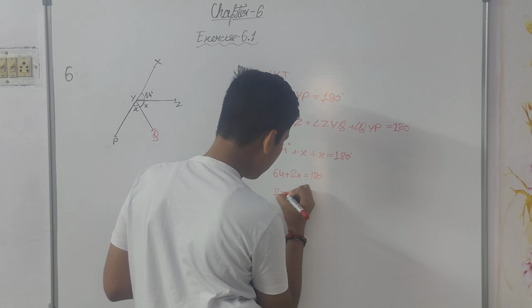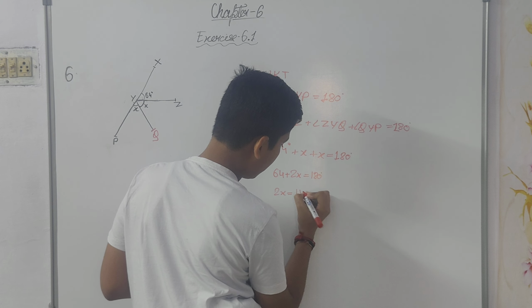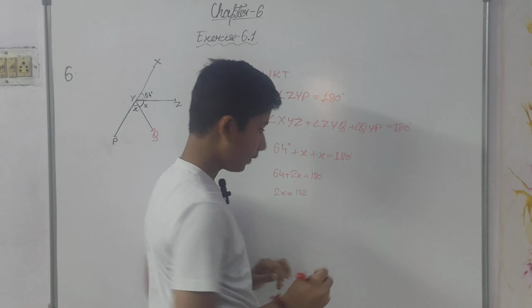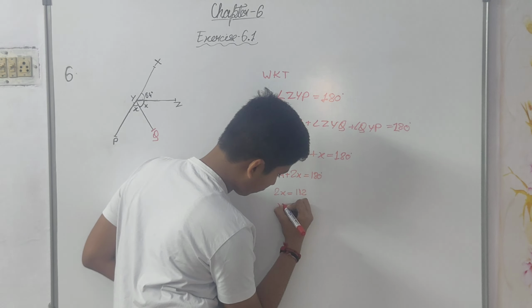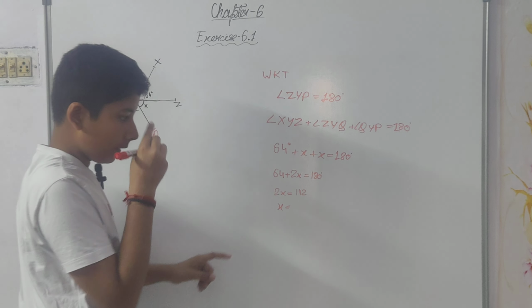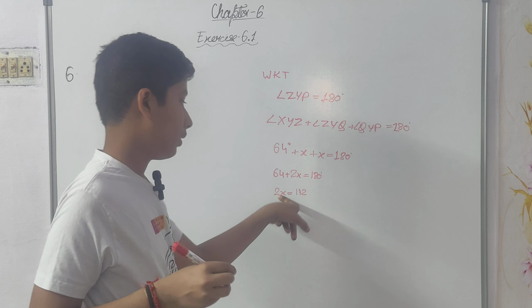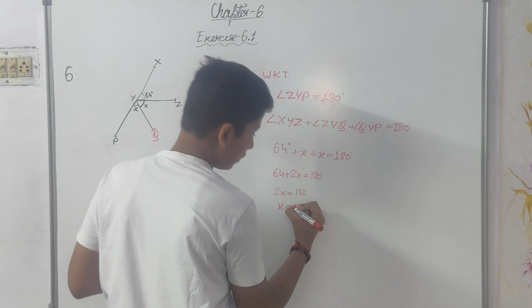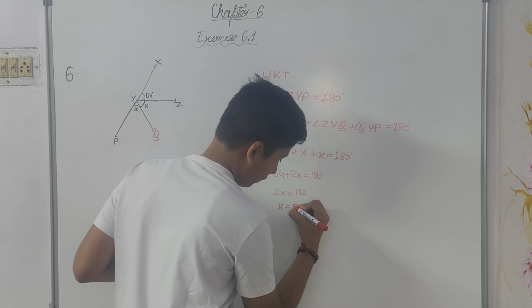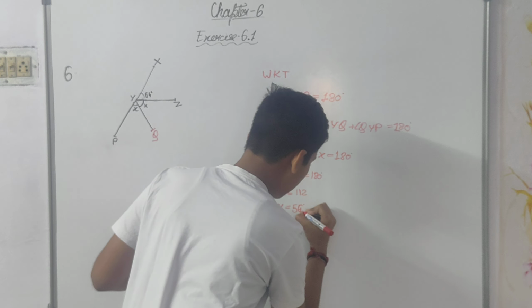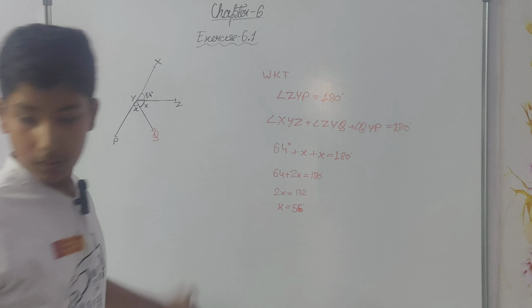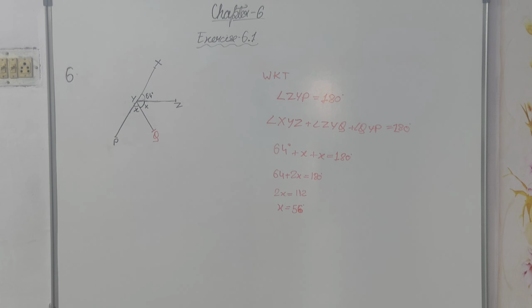So 2x equals 116. You can also calculate. So x will be 58 degrees.